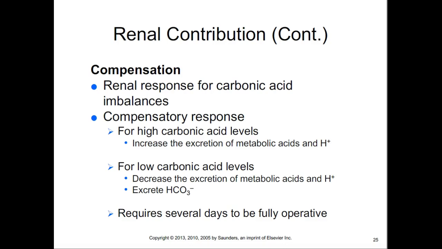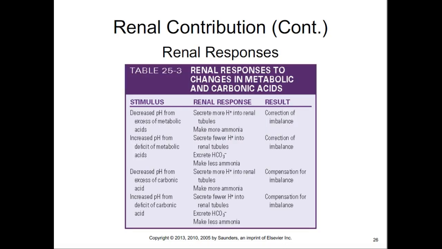So this requires, again, time. If you have time, then you can compensate with your renal system, but this is not going to happen right away. The only one that can do things right away is your respiratory system, and that's not going to be through a wide range of pH changes.